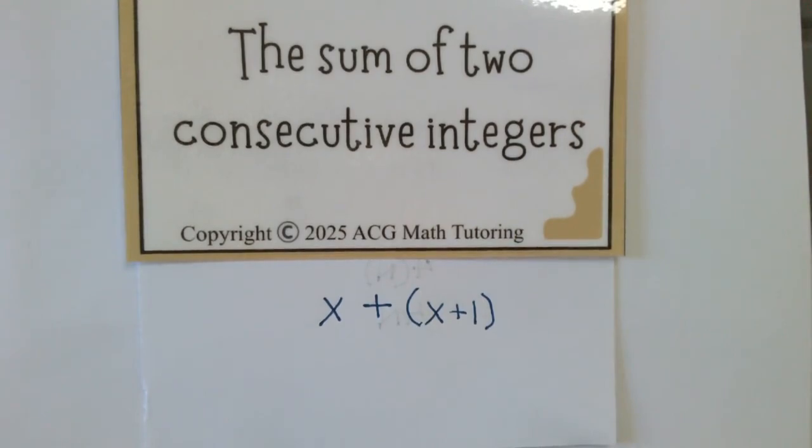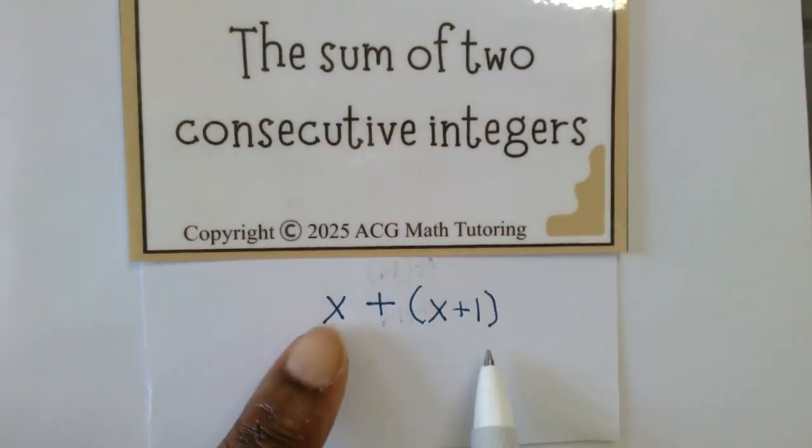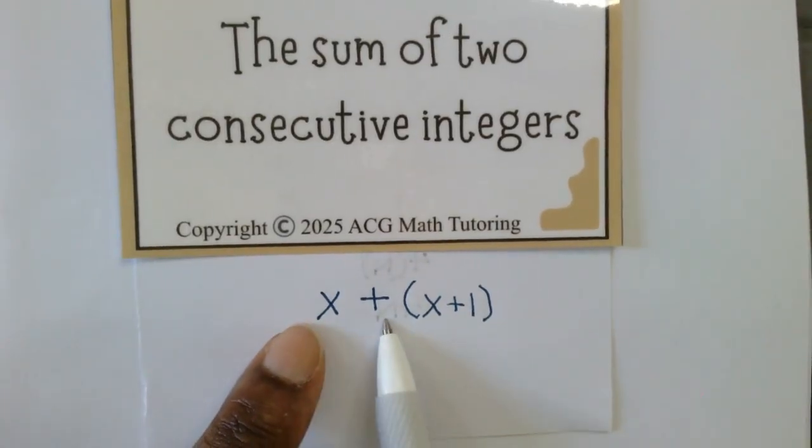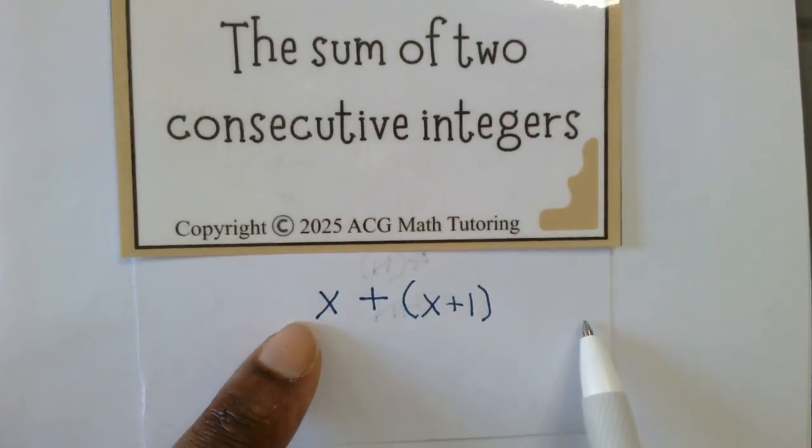So the sum of consecutive integers is represented like this. They usually put this in a word problem: the sum of two consecutive integers is 47. What is the lowest integer? So basically you're using this formula, x plus x plus 1 equals 47.